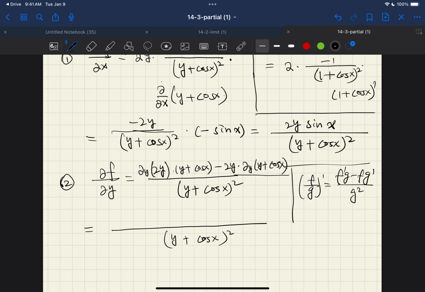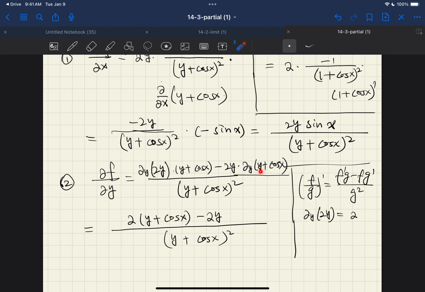So if we take 2y prime, then this is just 2, because it's the y derivative. So this is 2 times (y plus cosine x) minus 2y. When I look at this, partial y of (y plus cosine x): cosine x is a constant because x is frozen, so constant prime is 0.